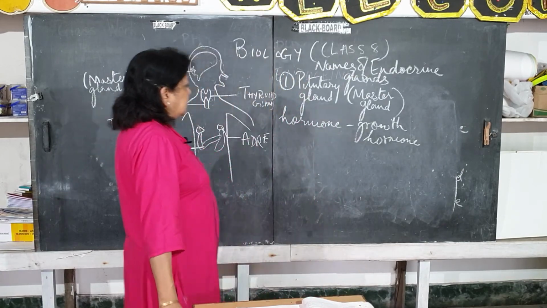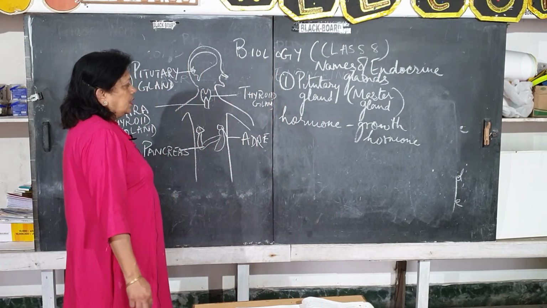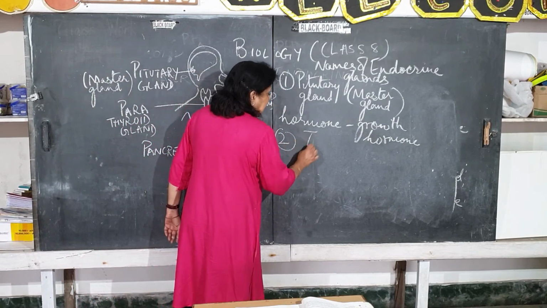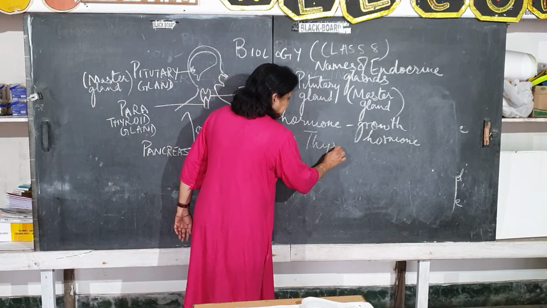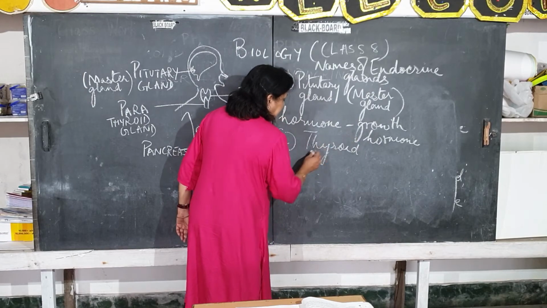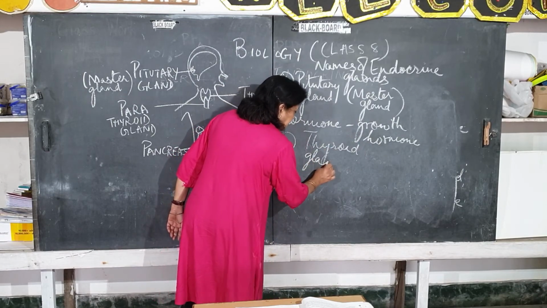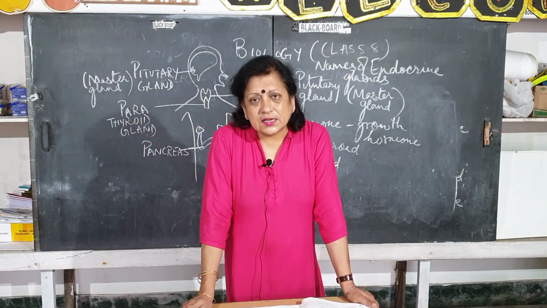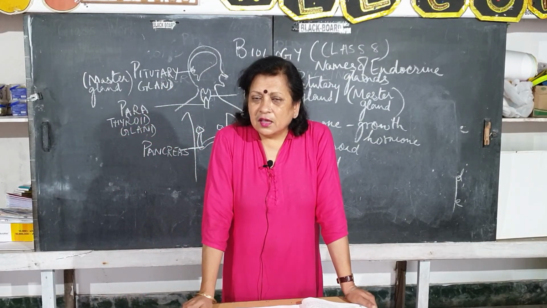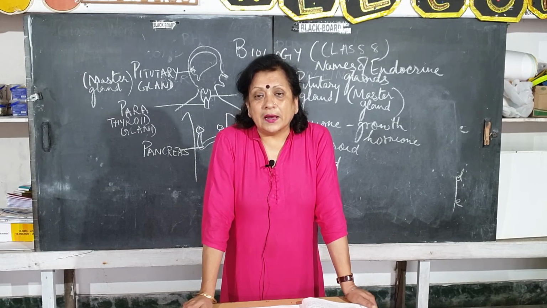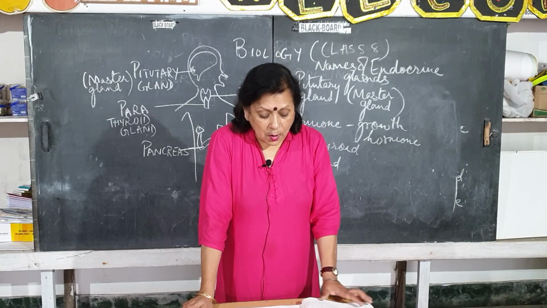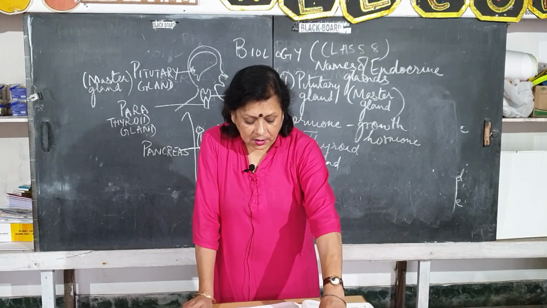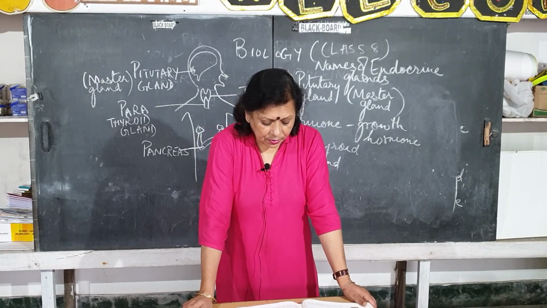Followed by that, we come to the next one. The next endocrine gland is the thyroid gland. The thyroid gland is situated in the neck region, very close to the windpipe, and is one of the most important endocrine glands in our human body.